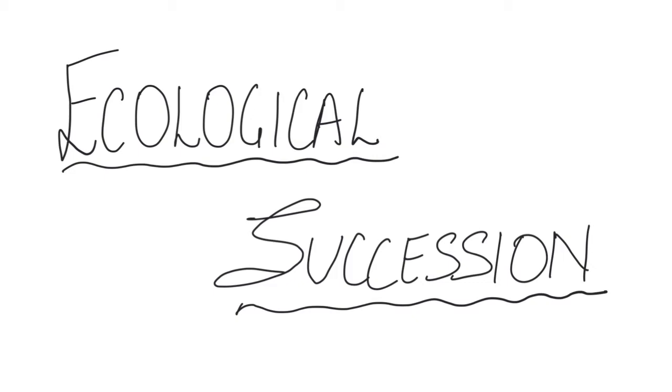Now, this response varies from individual to individual or population to population. How exactly this response to the environment goes is what ecological succession is. So you respond to the environment and you succeed in that, you ecologically succeed in that response.